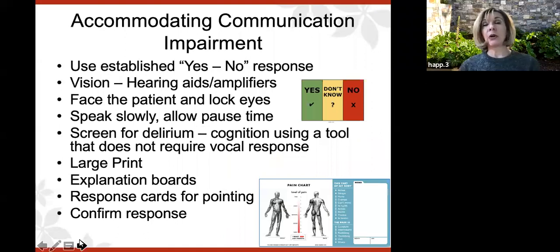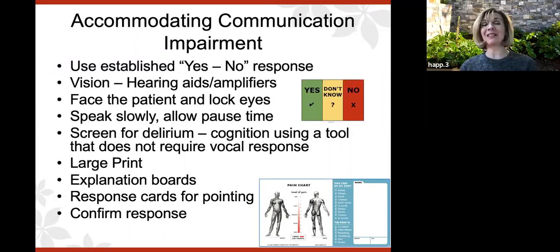So here are our tips for accommodating communication impairment in research. First, using an established yes/no response with the patient. So you may be able to change or adjust some surveys or measurement tools to yes or no. And multiple choice are yes, no options if you read each choice, right?